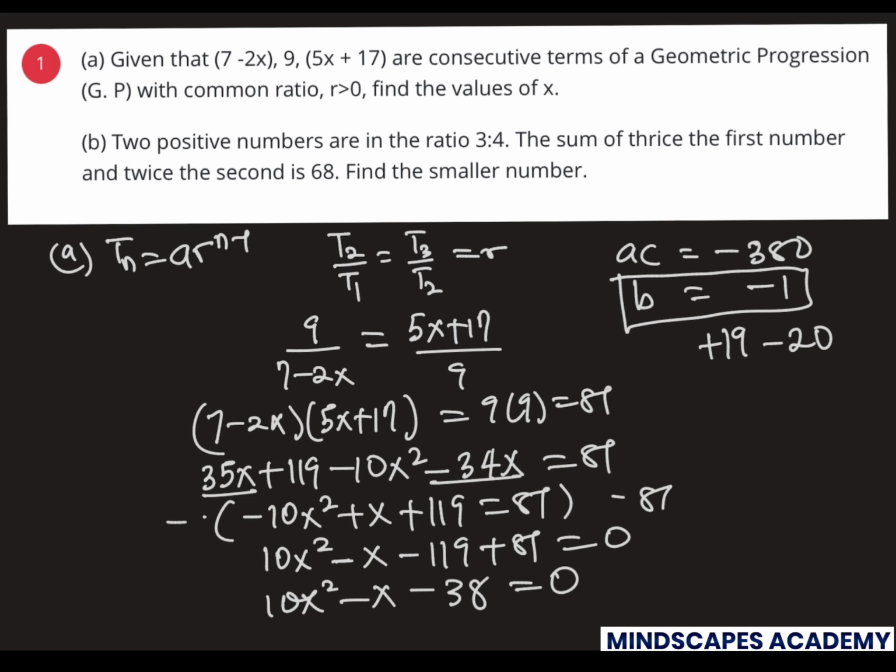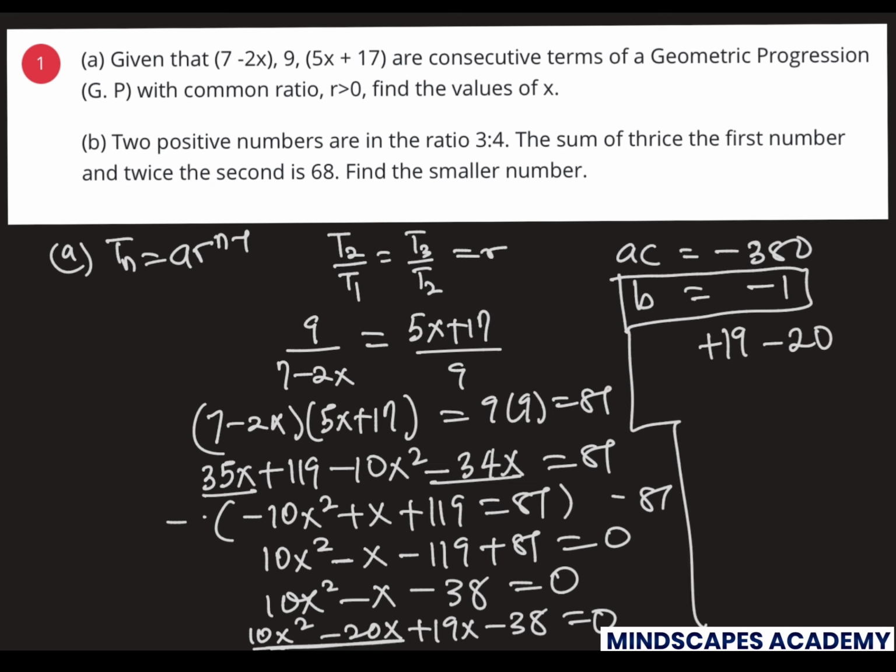So now what do we have? We have 10x squared, negative 20x, positive 19x, negative 38. You wouldn't want to put 19 here because you have to consider the factors 10 and 19, but you should have the same answer at the end of the day, but it is easier this way. So 10x is common here.